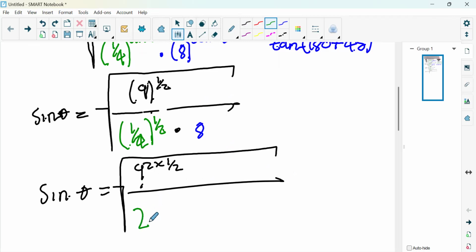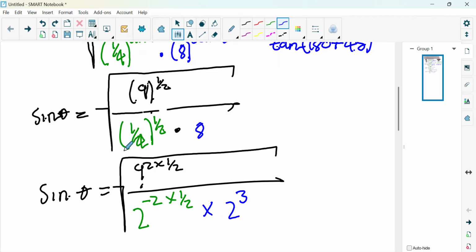What happened is that we took the 4 upwards, and because it's an exponent, its exponent became minus. Then we multiply by the 1/2 that is still outside, multiplied by 8, but we don't write it as 8. We write it as 2 to the power of 3, to the power of 1. From here onwards, you can simply say root and then check what the answer is.